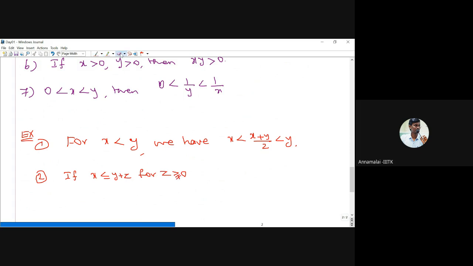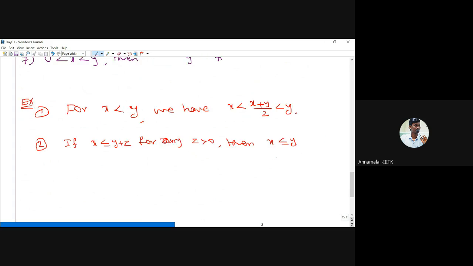Then x should be less than or equal to y. Very important property. So for any positive z, if this happens, then x should be less than or equal to y.